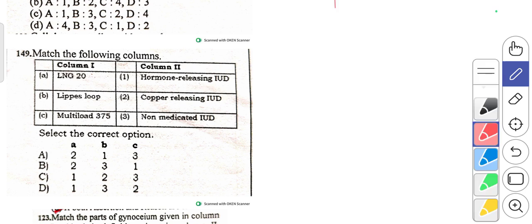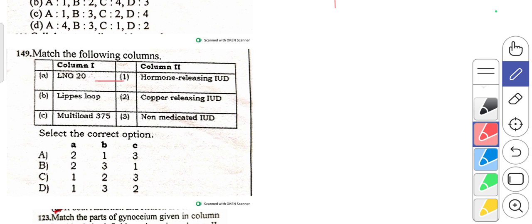So next question. Here they have given regarding the reproductive health chapter, IUDs and their respective roles. So first one they have given LNG20. As you all know, this LNG20 is one of the examples of a hormone releasing IUD, intrauterine device.